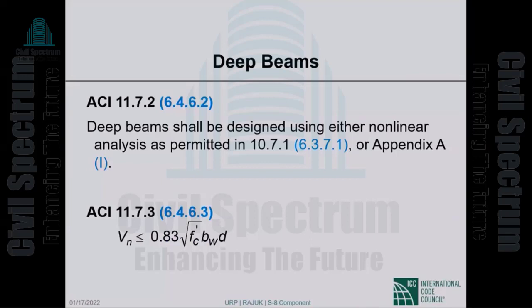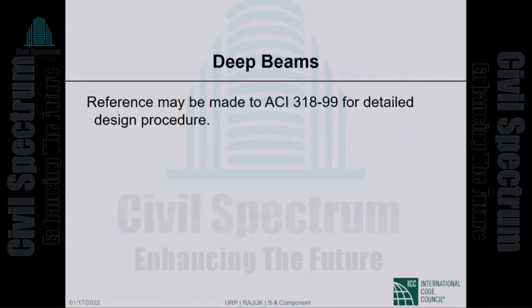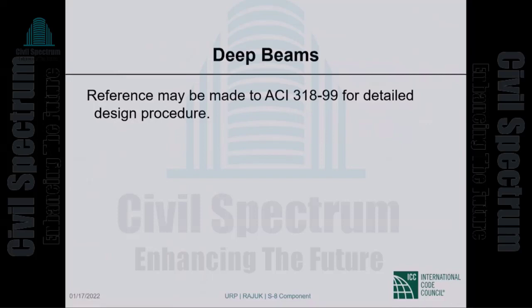Now, in addition to that, all we are told is the nominal shear strength as per a regular beam shall not exceed 10 square root of f c prime. Very importantly, 318-08 tells you a reference may be made to 318-99 for detailed design procedures. So we took it out of the code, but it is still good to use. 318-08 tells you that.